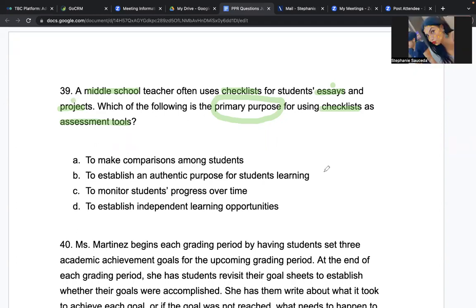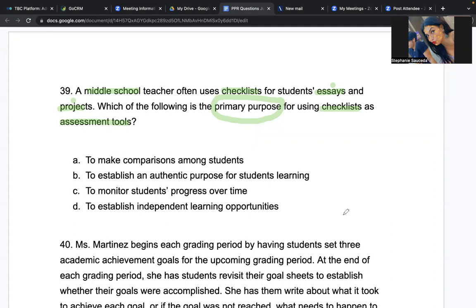Right, the progress. So let's take a look. What would be the primary reason, the main reason? To make comparisons among students, to establish an authentic purpose for student learning, to monitor students' progress over time, to establish independent learning opportunities.